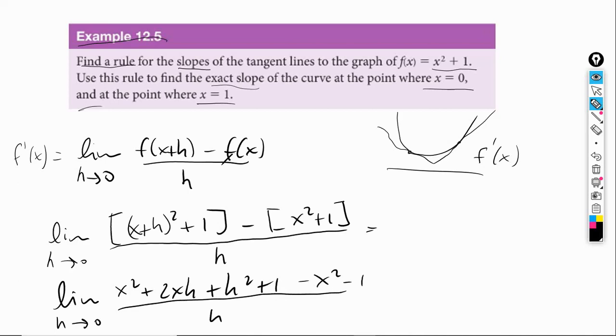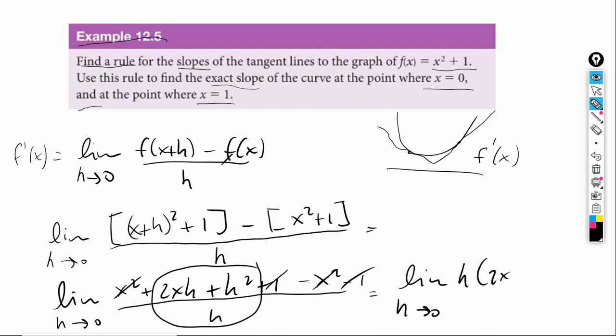Now notice that x squared minus x squared is 0, 1 minus 1 is 0, so we're left with only this, okay? And we can simplify this then, because we can factor out the h, so that means the limit as h approaches 0 of h times (2x plus h) over h.